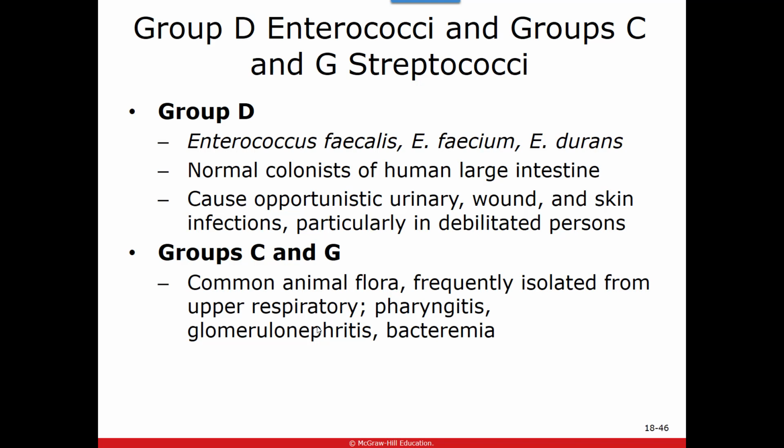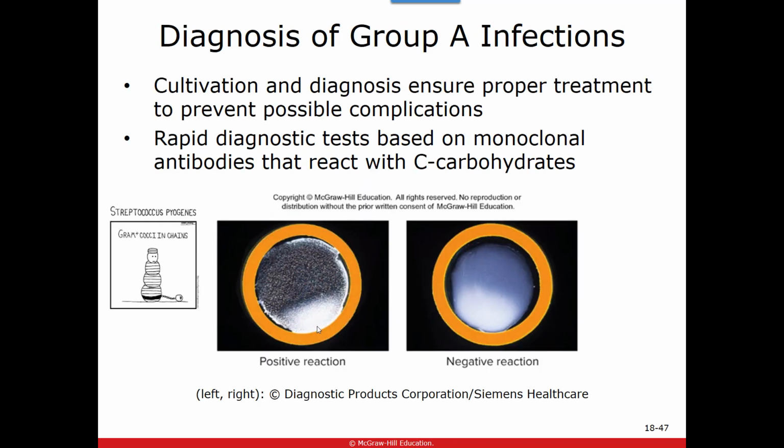Now, the A antigens, like what Streptococcus pyogenes has. When we're trying to diagnose whether someone has Streptococcus pyogenes, and you may have had strep throat at some point in your life, they want to make sure we, one, diagnose it correctly so we can treat correctly. So they're usually going to do a rapid test.